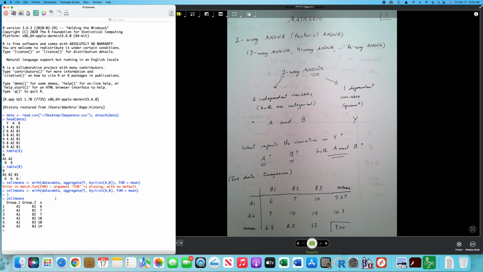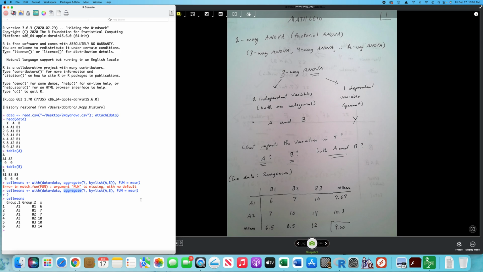Now, if we're going to get the means of just one variable, we can use the tapply function as we've done before, but it takes a little bit more work to get the cell means. So what I did here, you can see I messed it up here. I had a parentheses out of whack. But I've calculated the cell means using the with function. So I must tell it what data set I'm using.